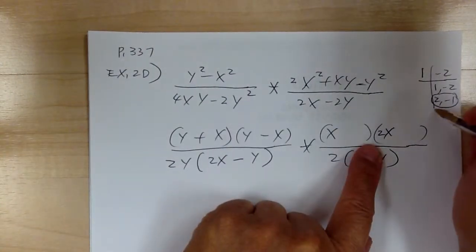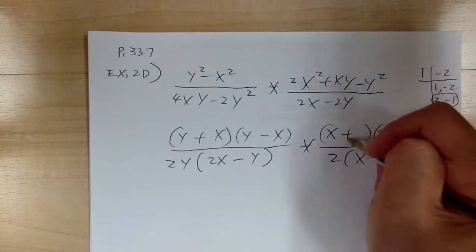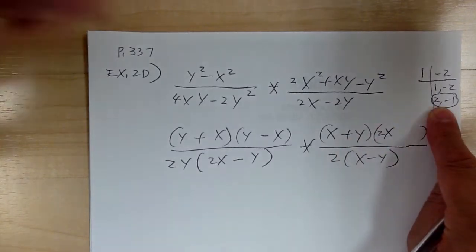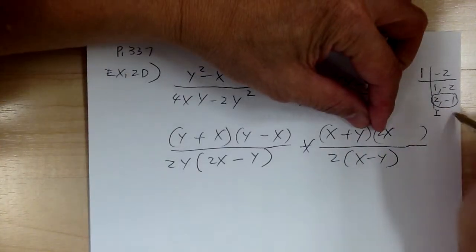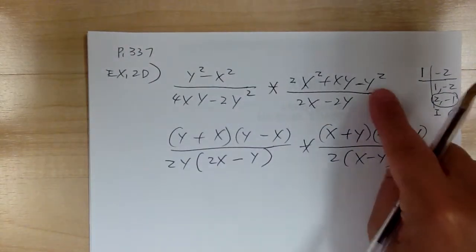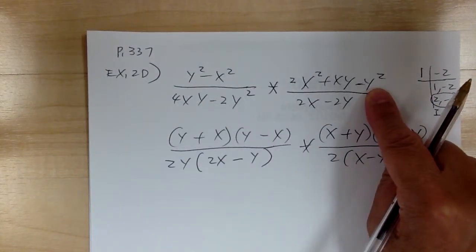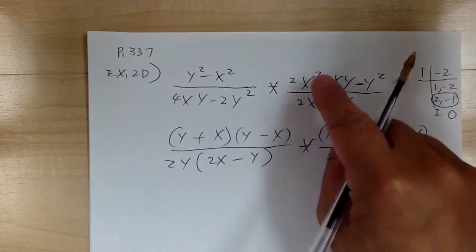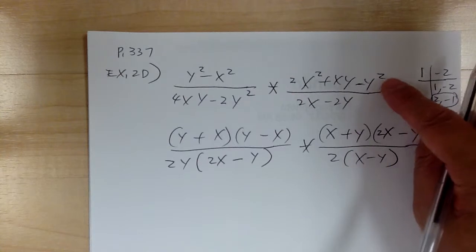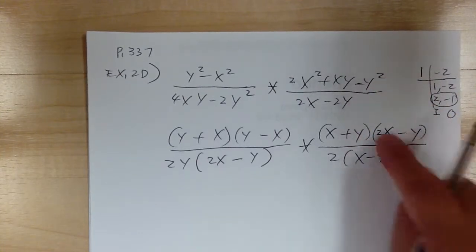This has to be the inside, so it will be plus y. 2 times 1 gives you 2, that's the inside. This is the outside, so you have to minus y. The reason you need to have y is because you have the variable in the back. If you have the variable in the front, you put the variable in the front. If you have the variable at the end, then you put the variable at the end.